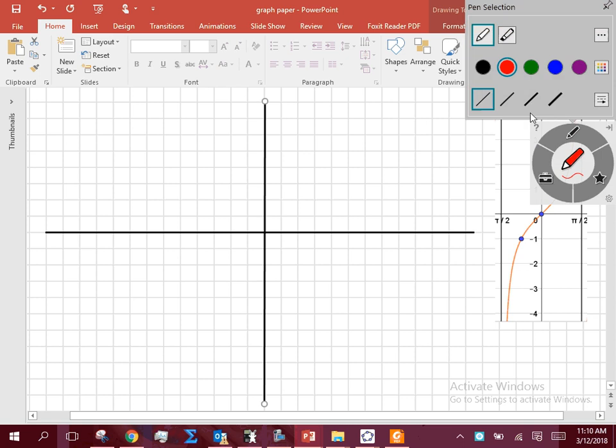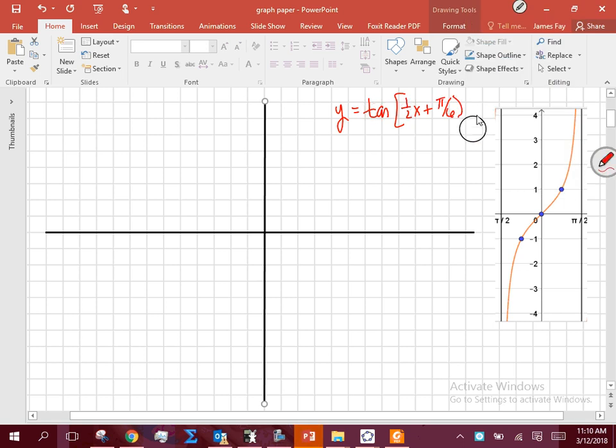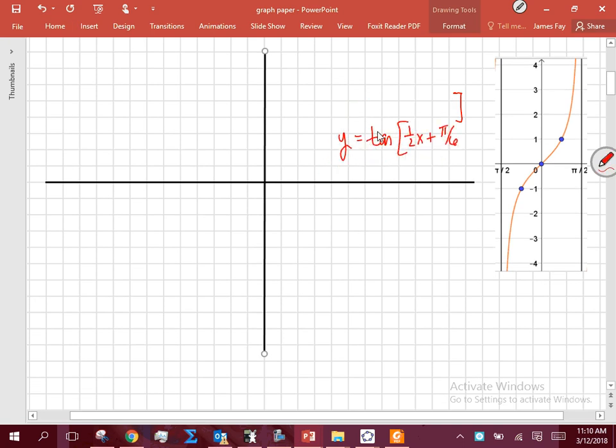So what I want to graph is y equals tangent of 1/2 x plus pi over 6. Now, in graphing that, we'll never really graph that one, because of that 1/2.